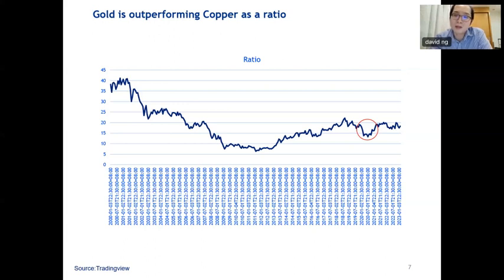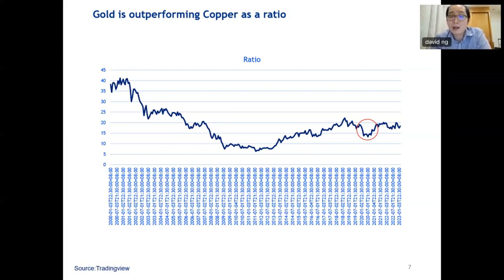So if you compare to copper, which is always related to economic growth, as long as copper is not performing well and copper prices tend to fall back against gold prices, it tells you there's a lot of upside for gold and a bit of downside for the copper market. I'm not saying you should watch this ratio closely, but it gives you a gauge as to which particular metal is heading north and which is heading south.